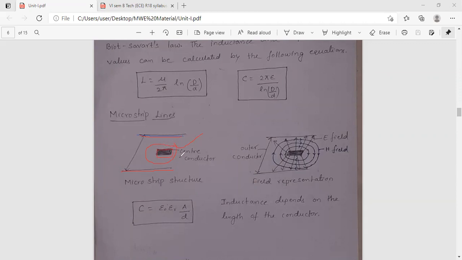This is called a microstrip. So this is the construction of a microstrip line, and it operates similarly: electric field and magnetic field will be generated there. The same fields will be generated in microstrip lines also. You can observe that the electric field is perpendicular to the direction of this patch which is placed over here.